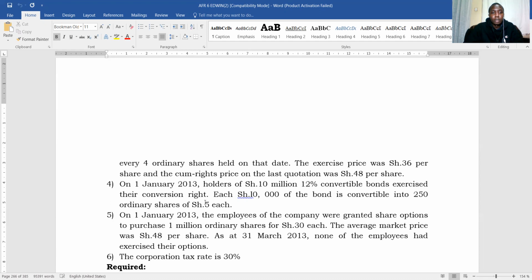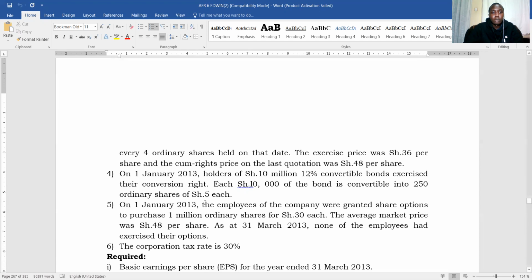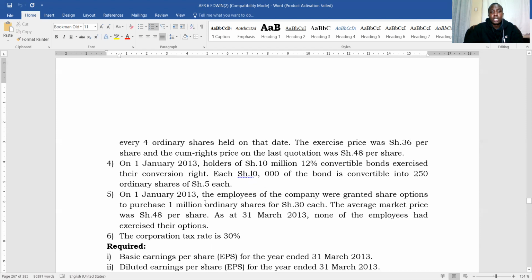On 1st January 2013, holders of shillings 10 million 12% convertible bonds exercised their conversion right. Each 10,000 of the bond is convertible into 250 ordinary shares of shillings 5 each. On 1st January 2013, the employees of the company were granted share options to purchase 1 million ordinary shares at shillings 30 each.